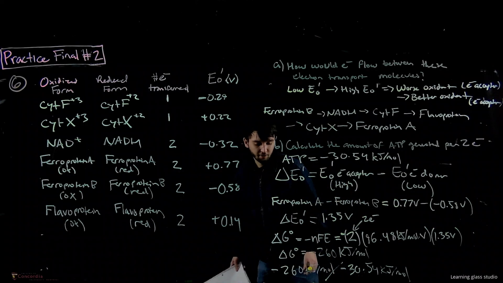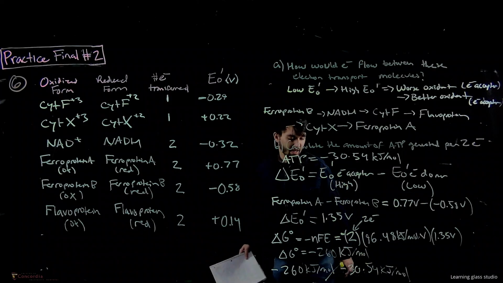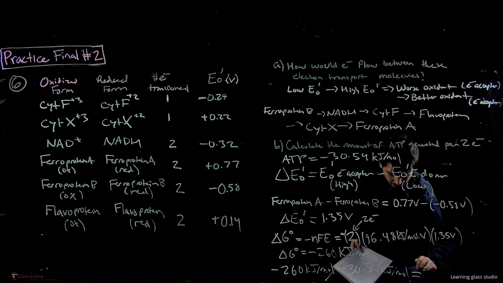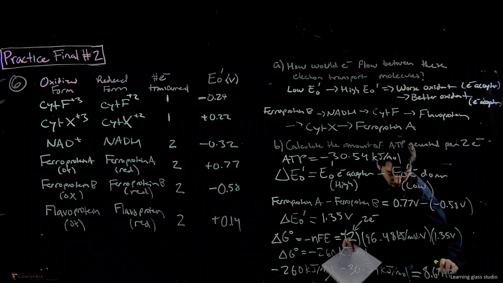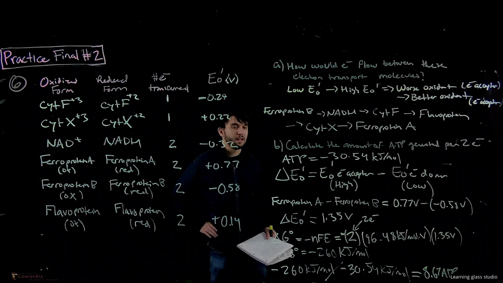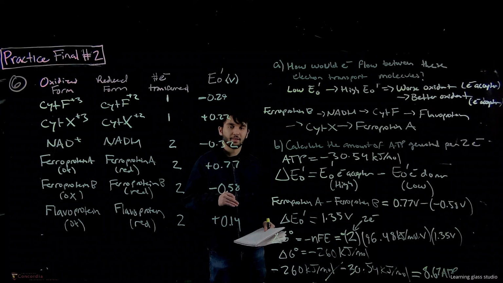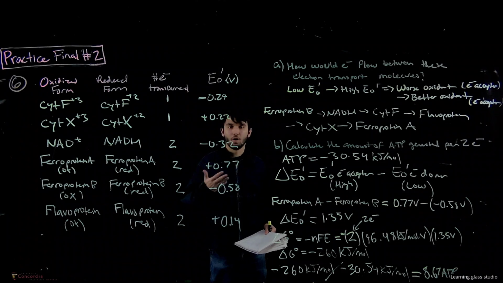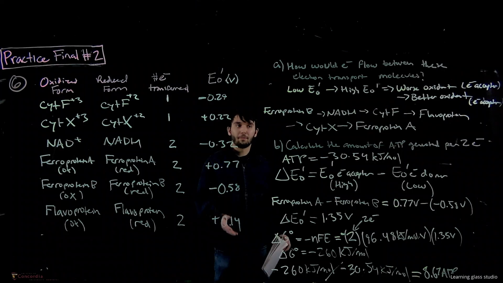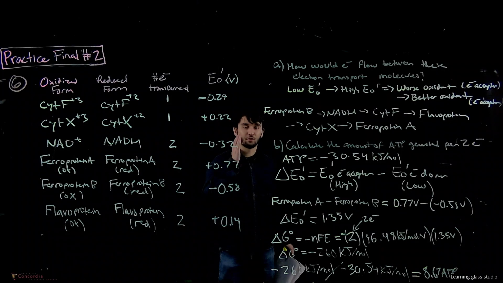This is the total amount of energy that we've made, and this is how much energy is in an ATP. If you do this out, you get about 8.67 ATP. So 8.67 ATP can be made from this electron transport chain, assuming no energy is lost. All right, so this is quite a difficult problem, but that is how you do it, and that is sort of the math of the electron transport chain.